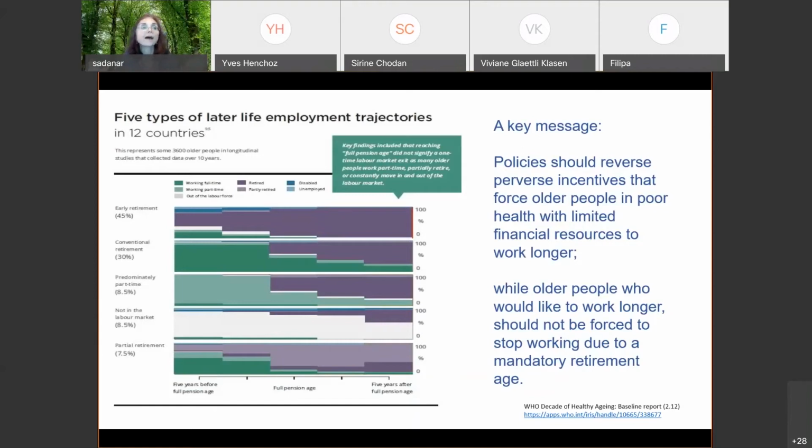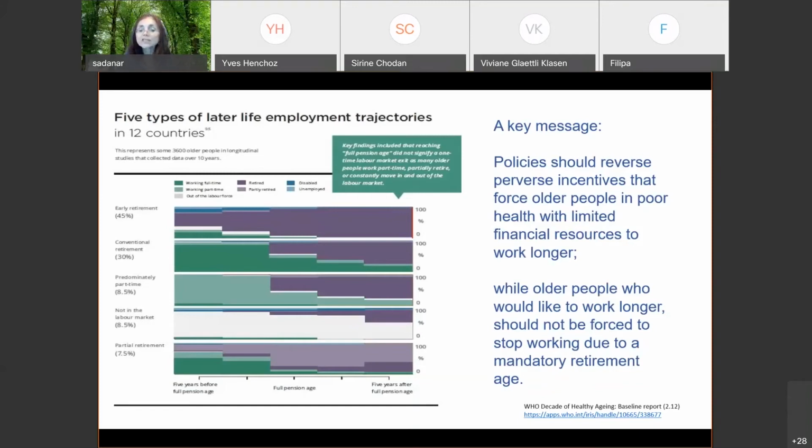And these 5 different patterns on the y-axis show the proportion of people who have these different trajectories during this 10-year period.